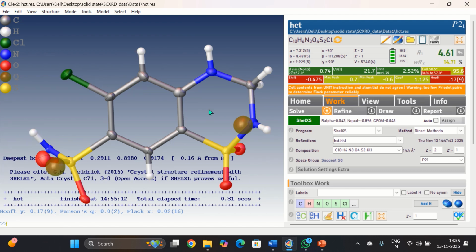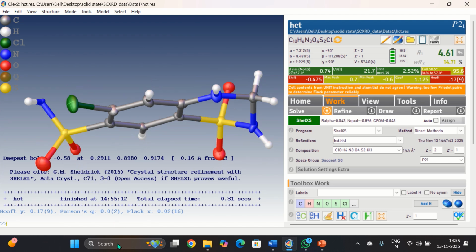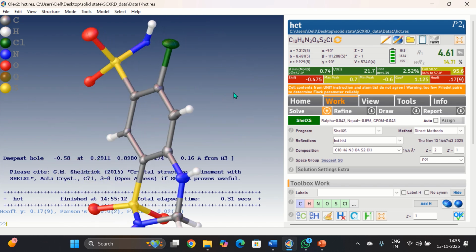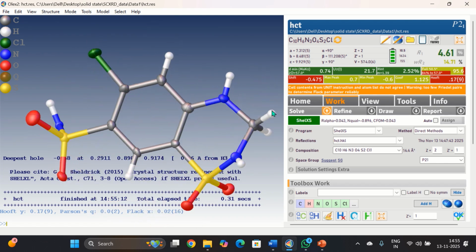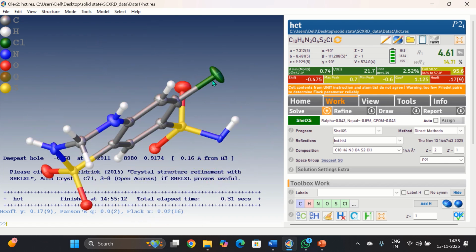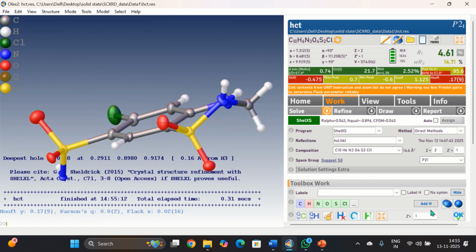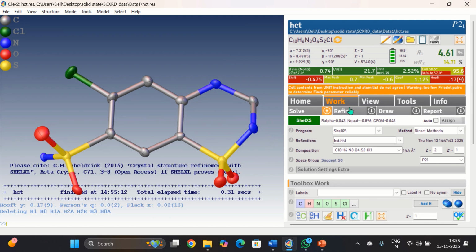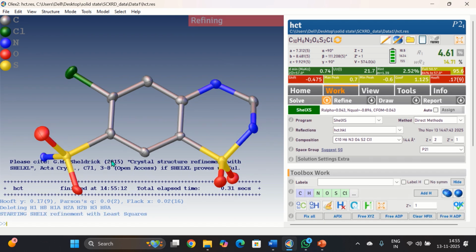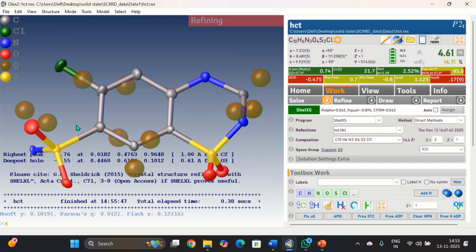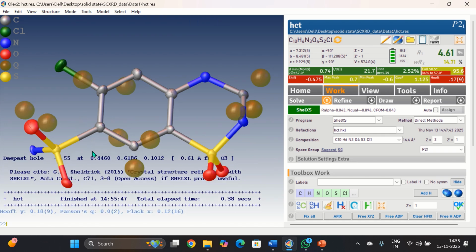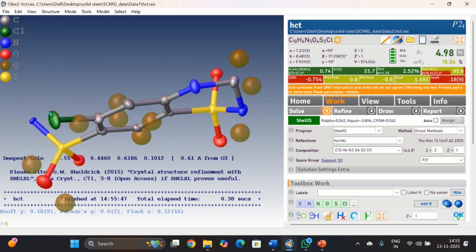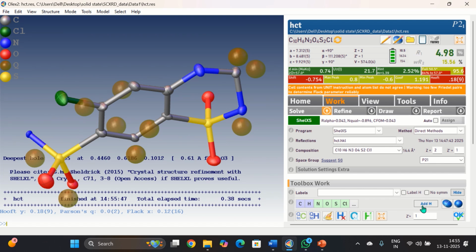4.61, which is not bad, it's good, but that nitrogen NH2 is supposed to have two hydrogens. So we need to remove hydrogen, refine it again. There is no particular hydrogen density, so we'll add hydrogen.